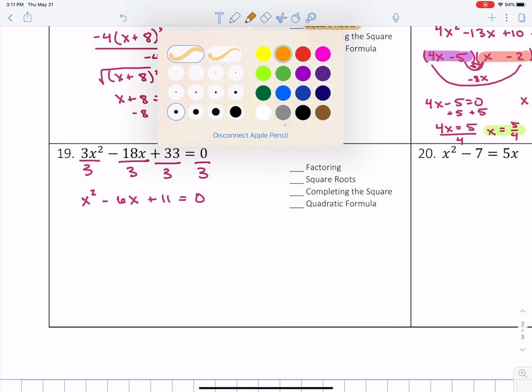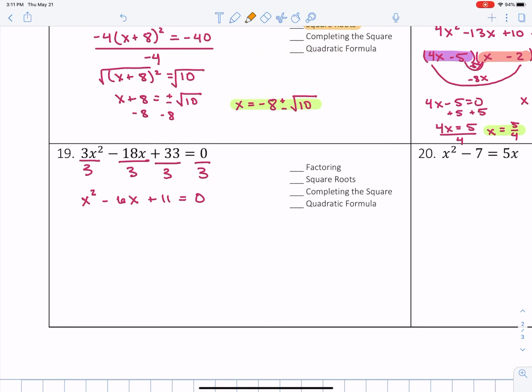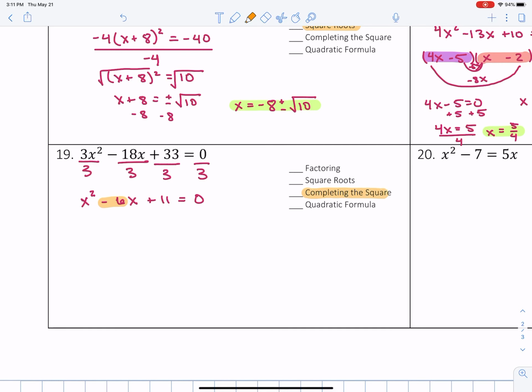And when you solve this, you can see that this negative 6 is even. I definitely love completing the square. How many times do you think I can say that during this video today? So x squared minus 6x, leave a space, is equal to negative 11. I'm going to add that special number, which is negative 6 over 2 squared, to both sides.